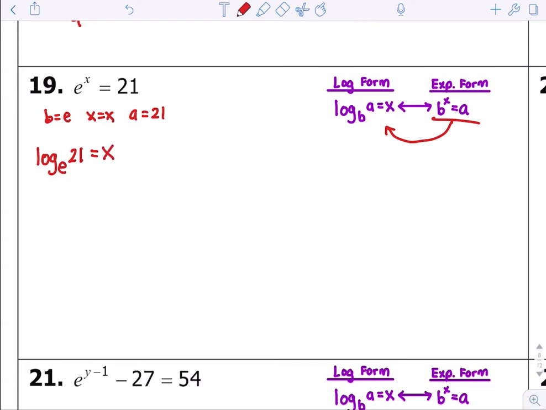So now we just have this, you guys, and remember you would usually do the change of base formula, but then we know log base of e is simply just ln of 21, which is equal to x. So just go on your calculator and just type in ln 21, and you guys are going to get x is roughly 3.04.